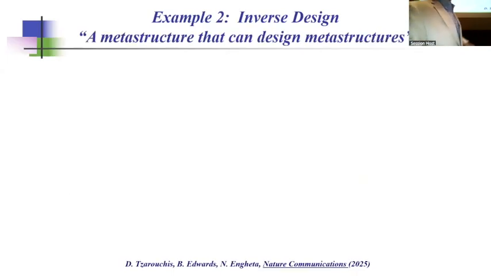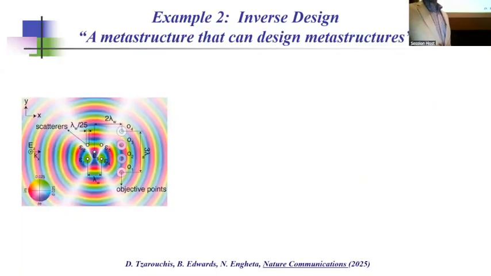So we applied this to a second toy problem, and it is the following. Imagine you have 5 scatterers, very long dielectric rods. The locations of these rods are known. The diameters of these rods are known, but their permittivities are unknown.